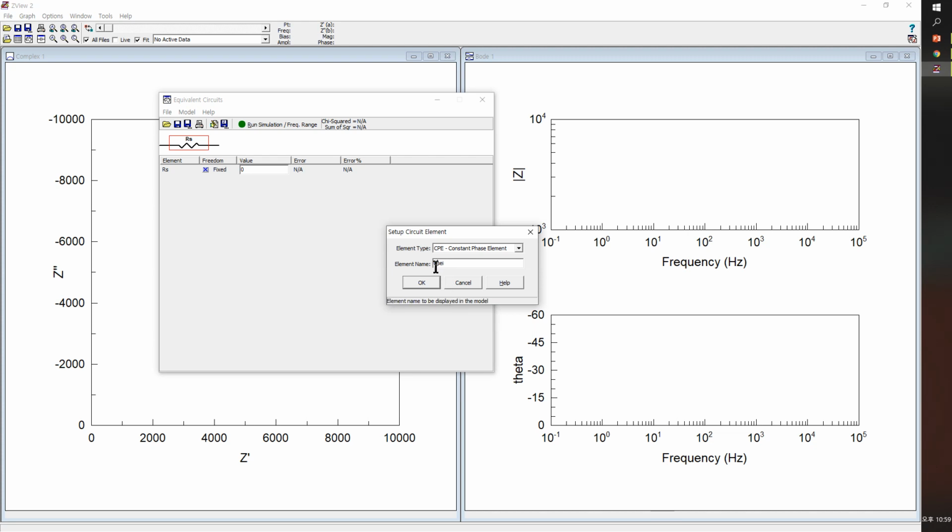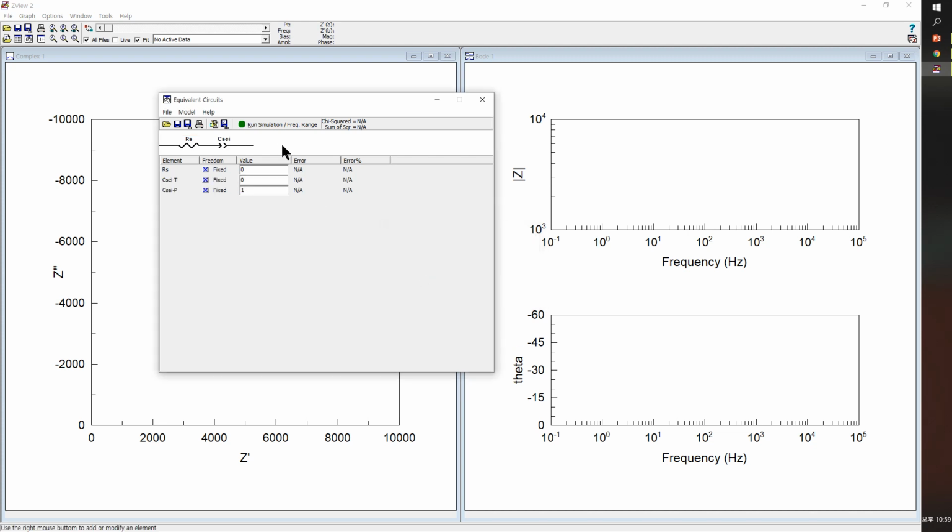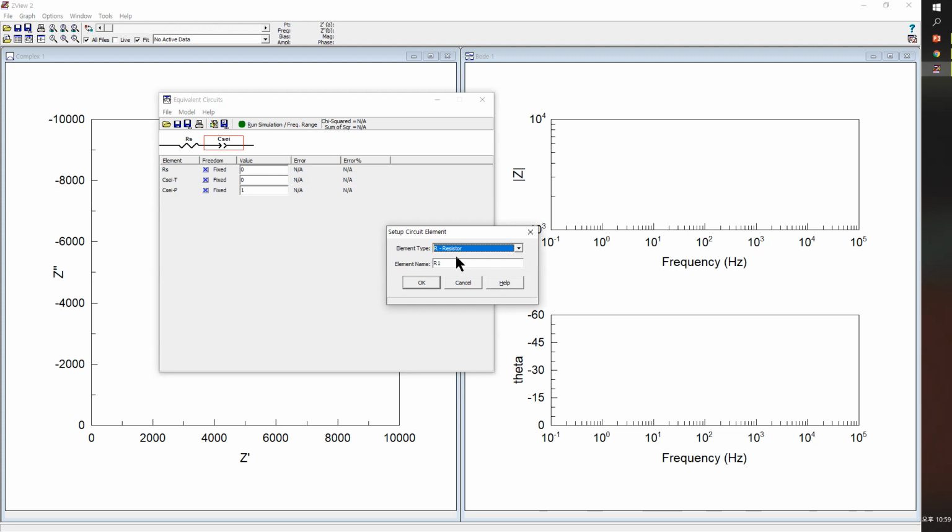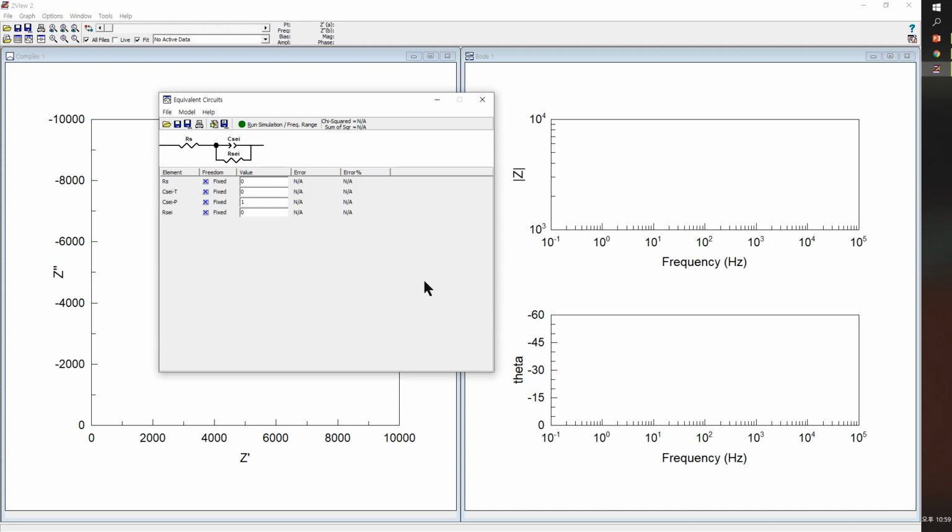Even if I say this is the capacitance of SEI, this is actually a CPE. This is just a name. Then okay. And then right-click, then New, Parallel After, or Before. Then I will add another resistance for making the semicircle, so RSEI. Okay, that's it.